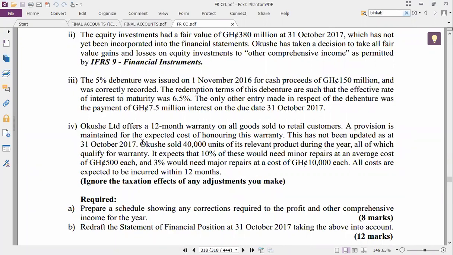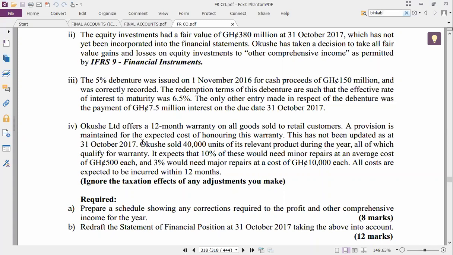Note 4. Okushi Limited offers a 12-month warranty on all goods sold to retail customers. A provision is maintained for the expected cost of handling this warranty. These have not been updated as of 31st October 2017. Good.